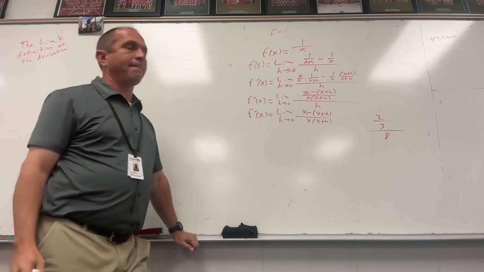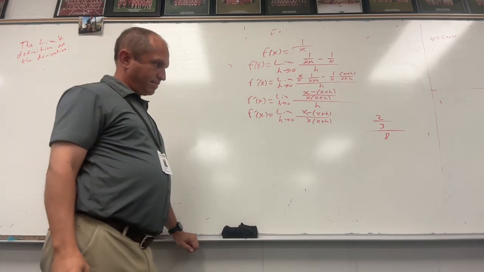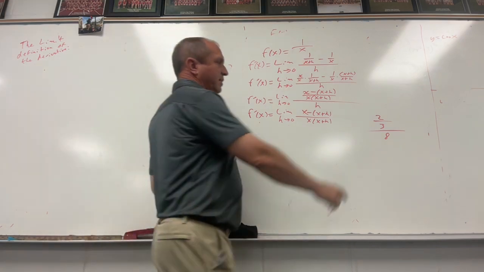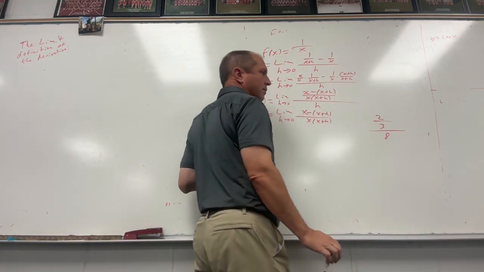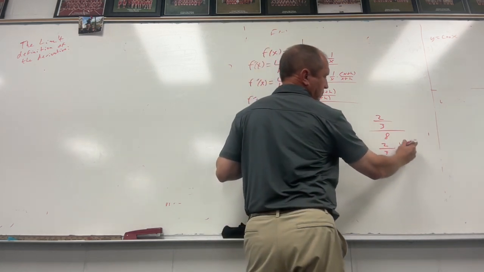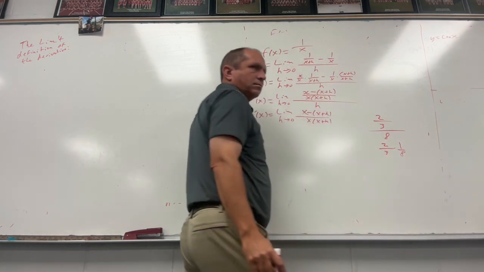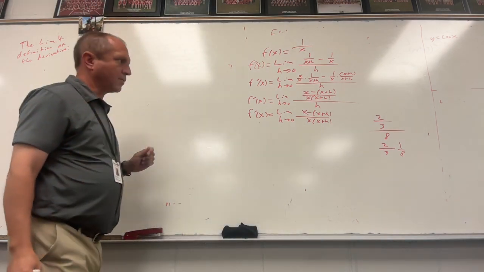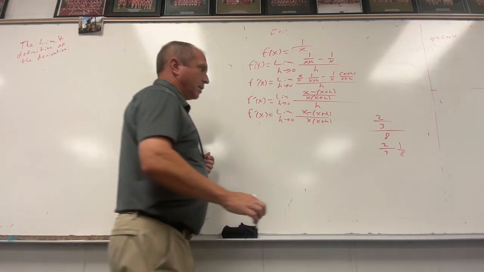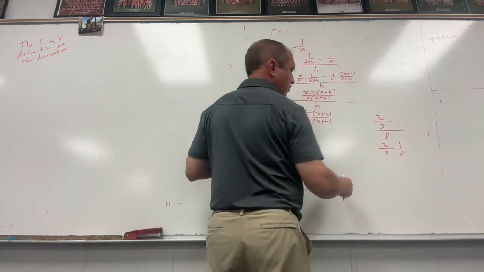You can multiply the top number. Well, let's fix this first, and then we'll go back up here. Multiply by 8 to move it up to the 2. 2 times 8 over 24. But you could also simplify and make it 1 over 12.